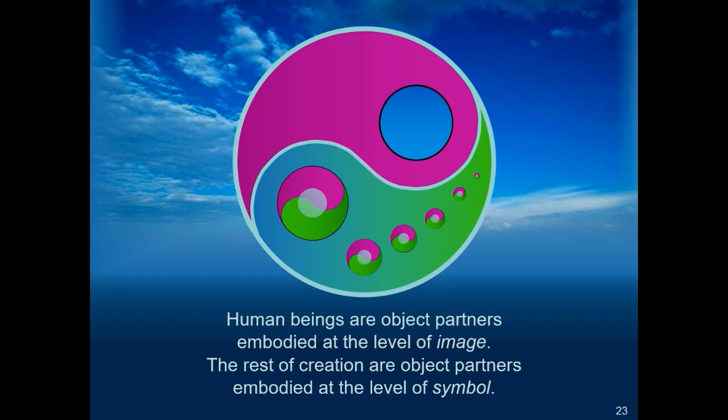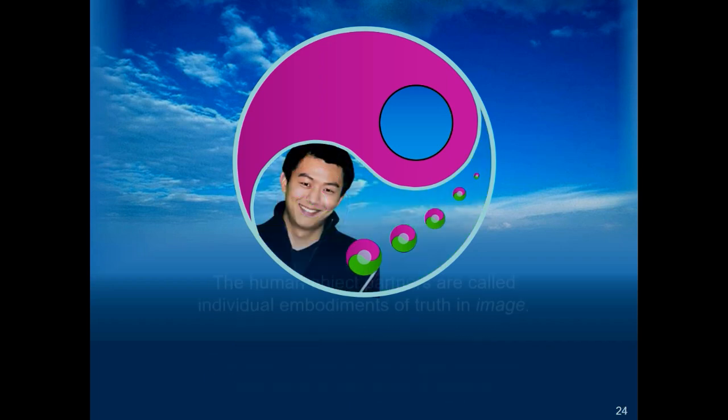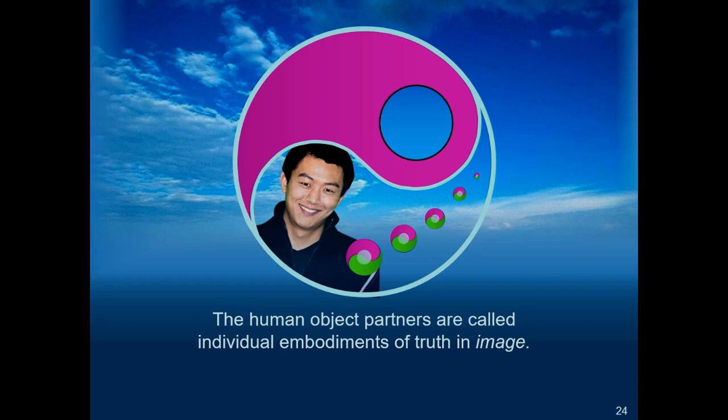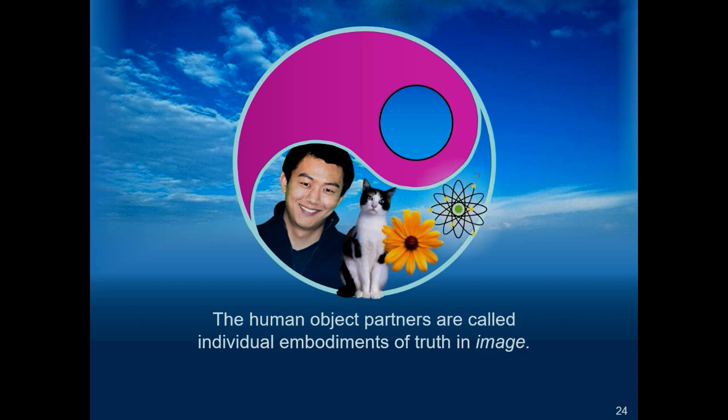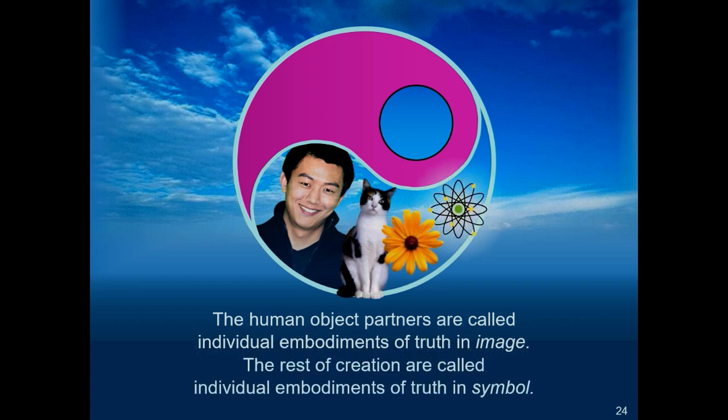Human beings are object partners embodied at the level of image. The rest of creation are object partners embodied at the level of symbol. The human object partners are called individual embodiments of truth in image. The rest of creation are called individual embodiments of truth in symbol.